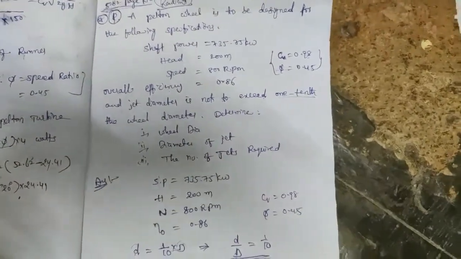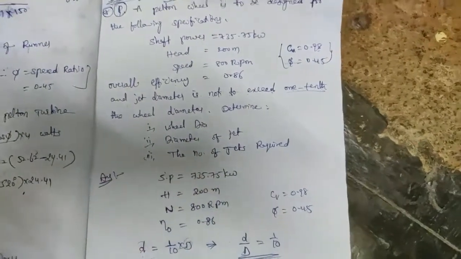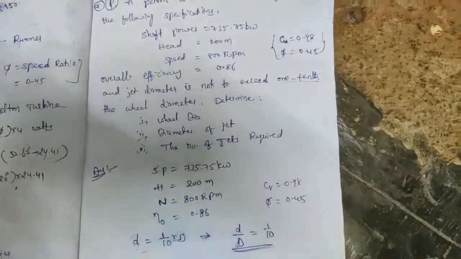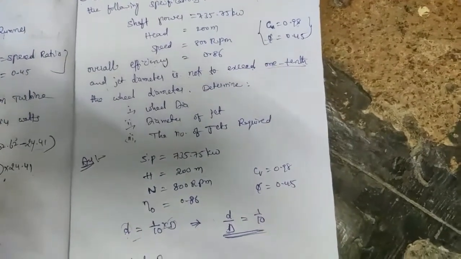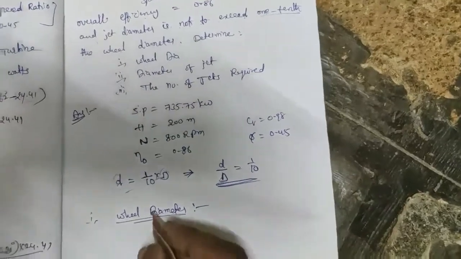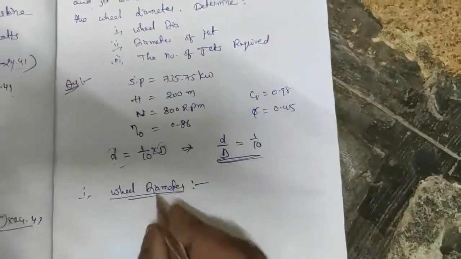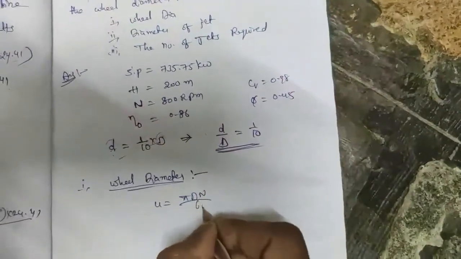Next, what should we calculate in this problem? First one is the wheel diameter. How do you calculate wheel diameter? We know already the formula U equal to pi D N by 60.